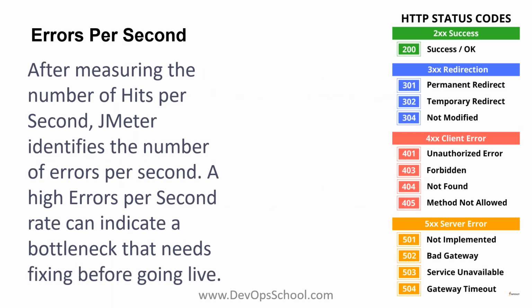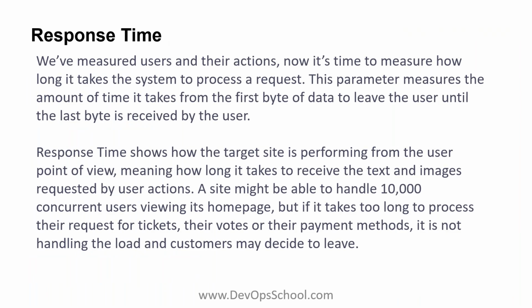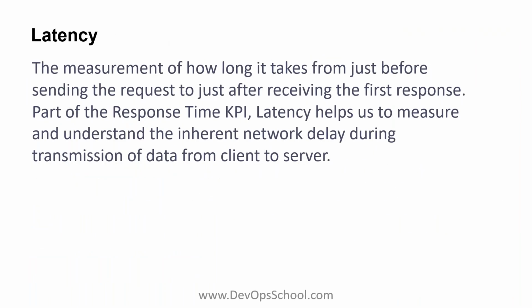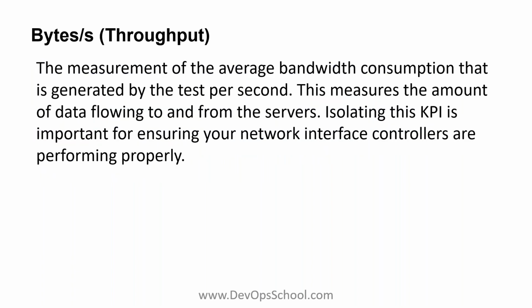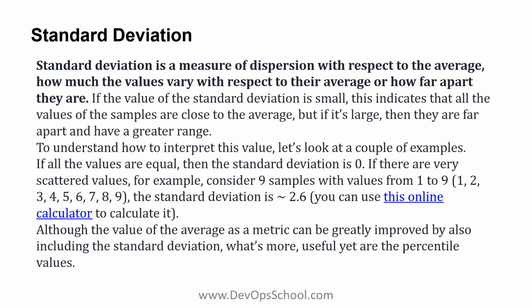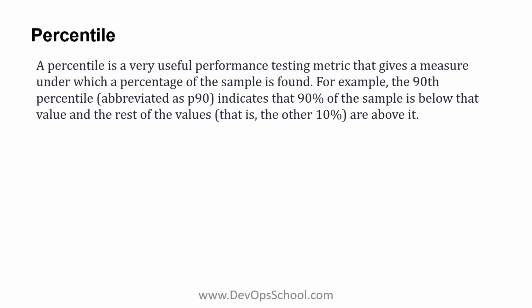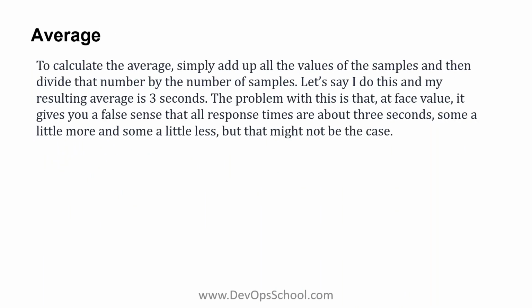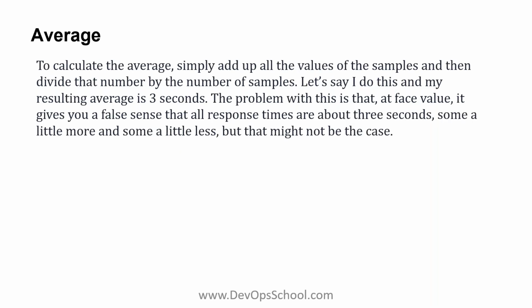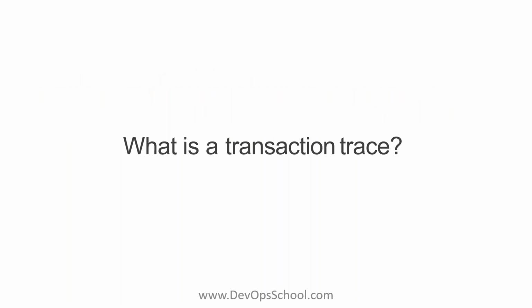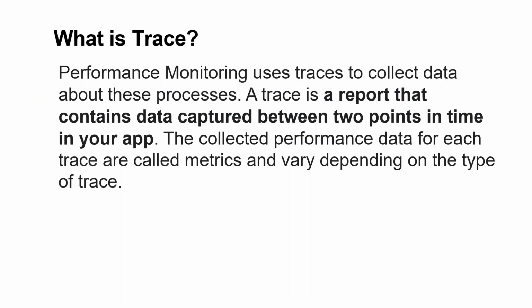The errors, look at the right side, are the HTTP error statuses. Then response time, latency for that request, connect time, SSL handshake, bytes throughput, standard deviations, percentile, and average. Percentile means percentile for the overall requests, then average response time, and so on.